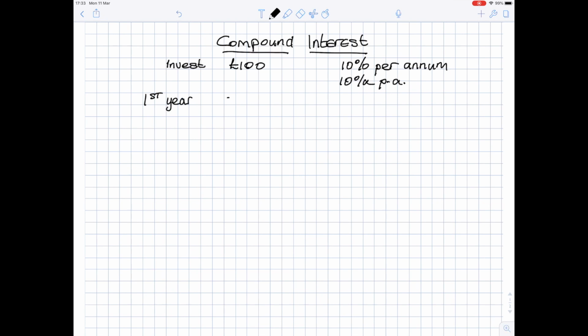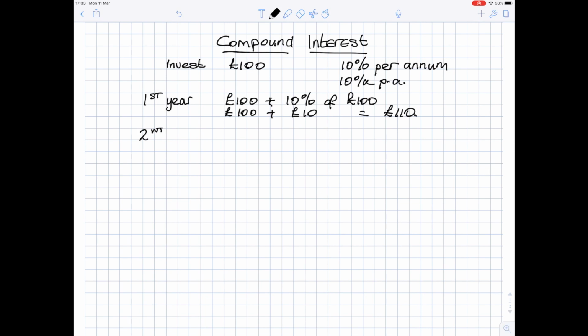So the first year you will have the original £100 and the interest you earn will be 10% of that original £100. So at the end of the year you'll have the £100, 10% of £100 is £10, so at the end of the first year you will have £110.